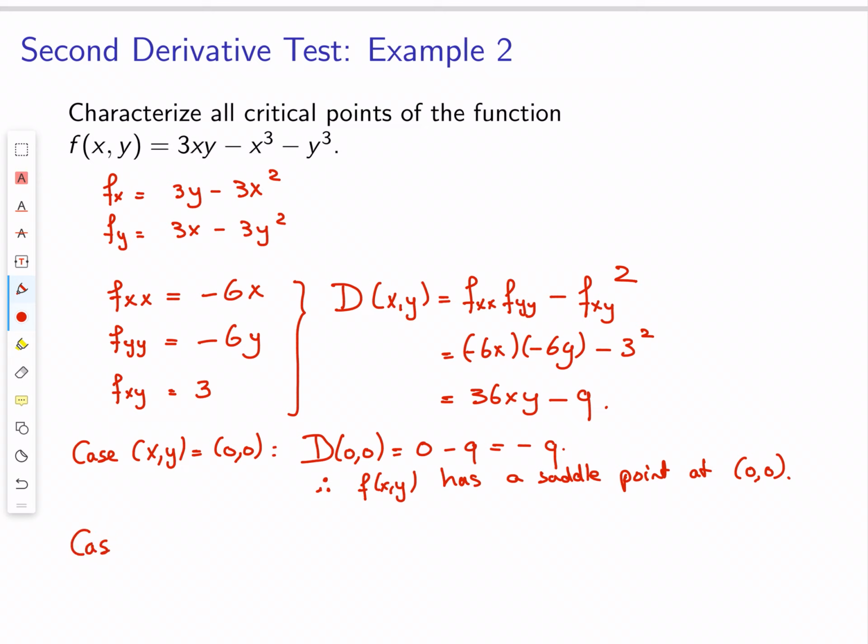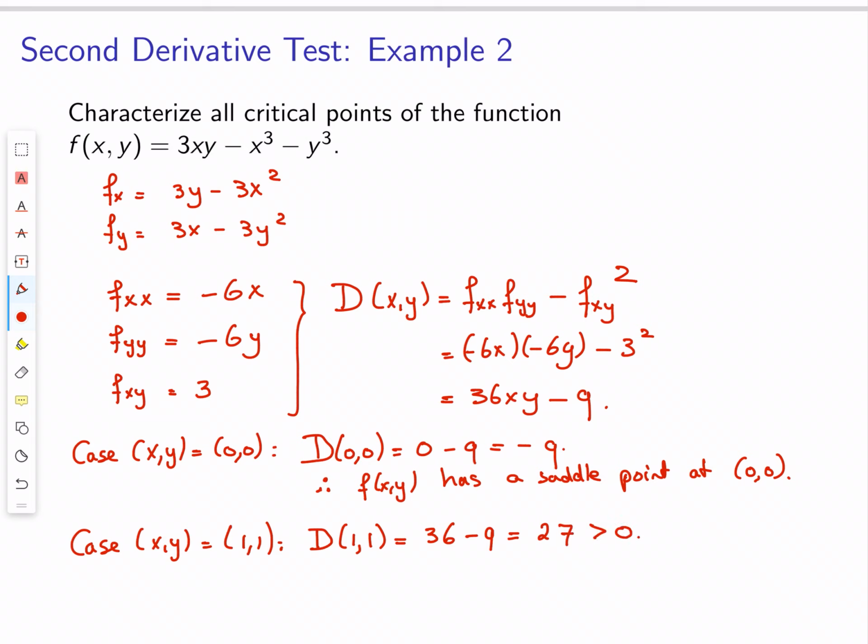Let's take a look at the other critical point, the case where (x, y) is equal to (1, 1). We can evaluate the function D at (1, 1), and we end up with 36 minus 9, which is equal to 27, which is greater than 0.